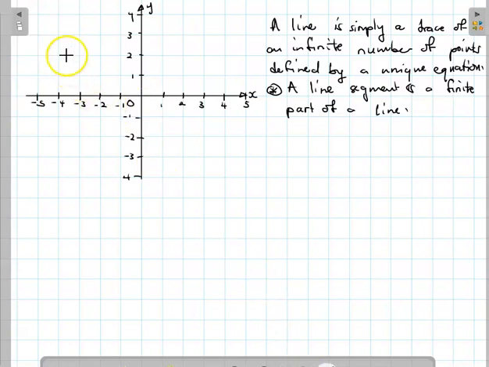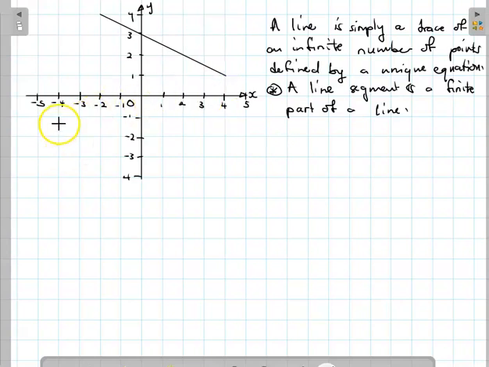Now, I'm going to draw two lines to begin our discussion here. These are the two lines that we're going to be referencing. Allow me to draw this line like this. We'll call this line number 1.